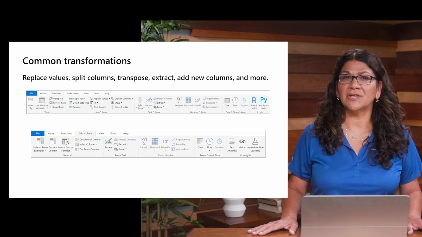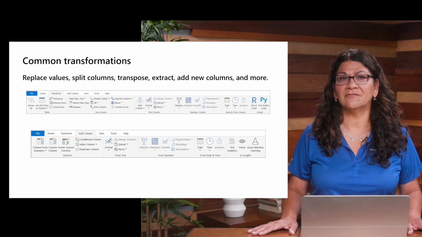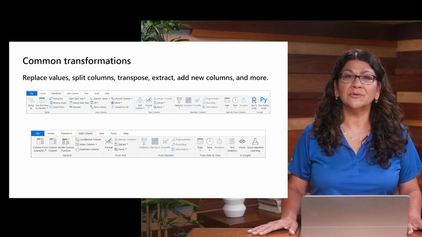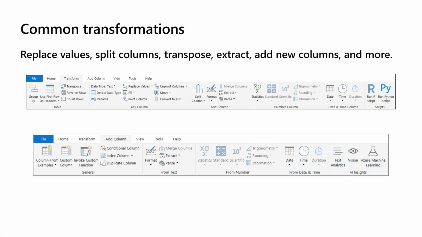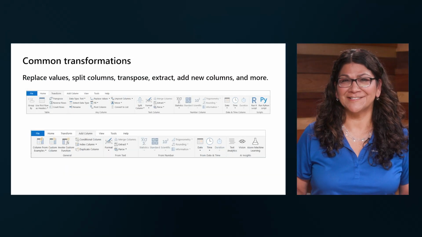The first step in shaping your initial data is to identify the column headers and ensure that they are in the right place. You can also add columns based on existing columns, create a custom column using the M language, or convert date and time columns to calculate age, duration in years, etc. More on this topic in upcoming sections.